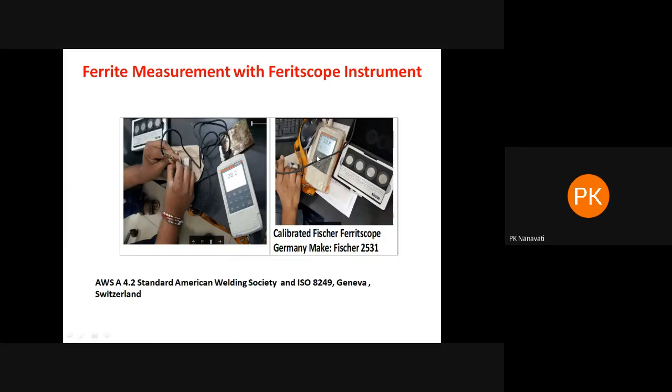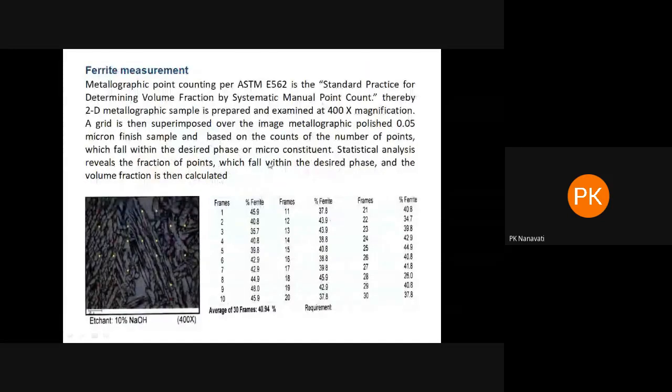You have to ensure 35 to 65, using a non-destructive measurement technique, or you can use destructive ferrite measurement, that is ASTM E562, a volume fraction measurement, where you prepare the microstructure and identify the ferrite grains and austenite grains. Some statistics will be used, and you get the volumetric ferrite, that is the ASTM E562 method.